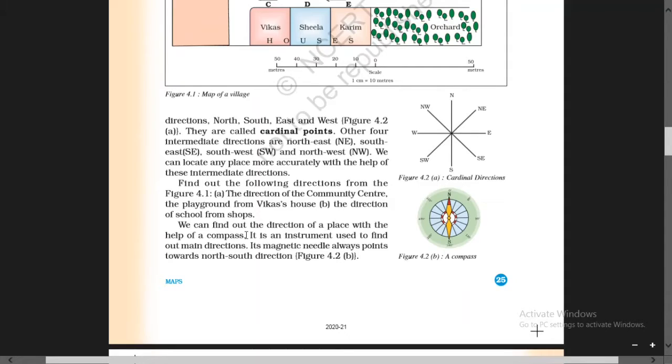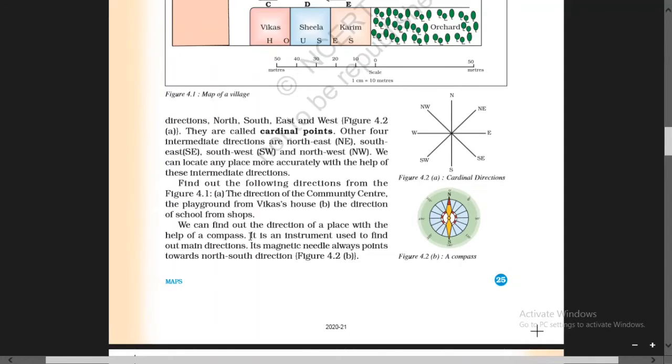So, remember, the compass is a device. We can find out the direction of a place with the help of this compass. Brigadiers and army majors used to carry this compass.